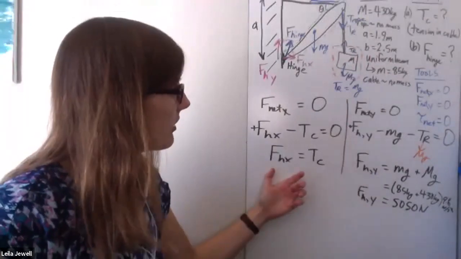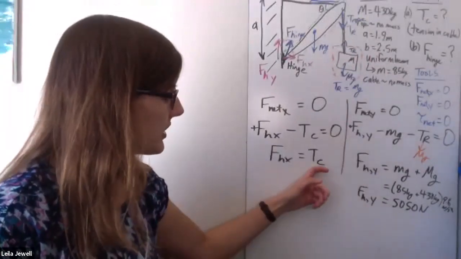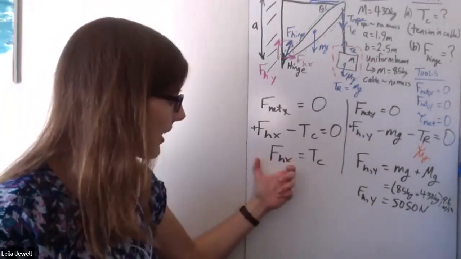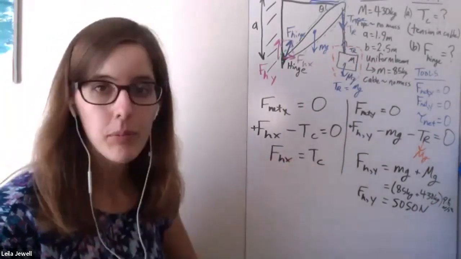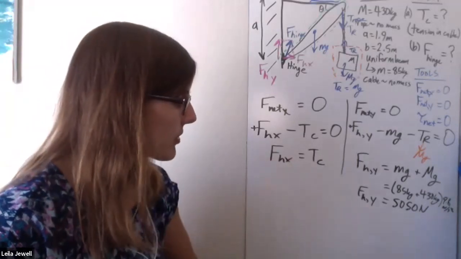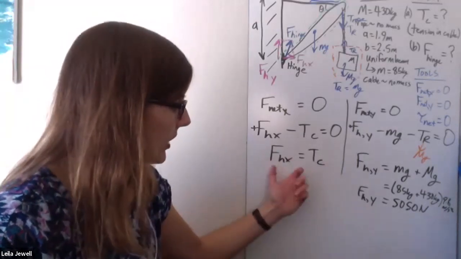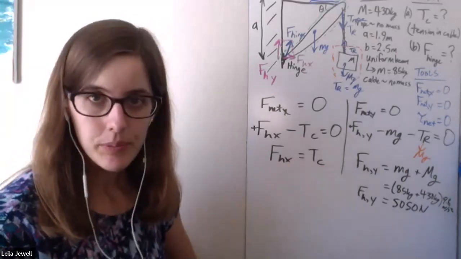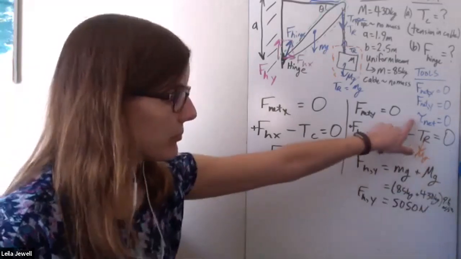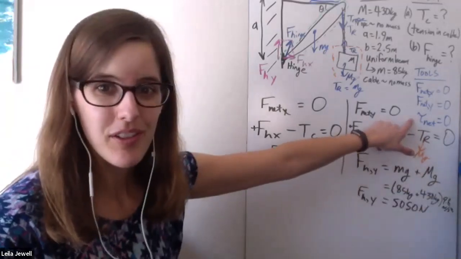And part A, we're finding TC. So once we find TC in part A, we're gonna have the other half of part B, the horizontal component of the hinge's force. So this is looking really good, except we don't yet have a way to find the tension in the cable. So we're gonna need another equation, but we still have one more. We have the balance of torques.